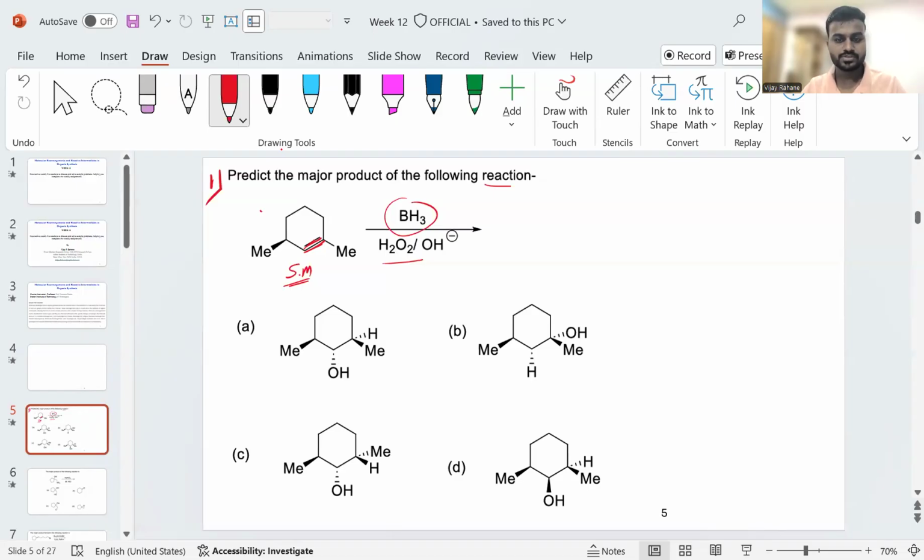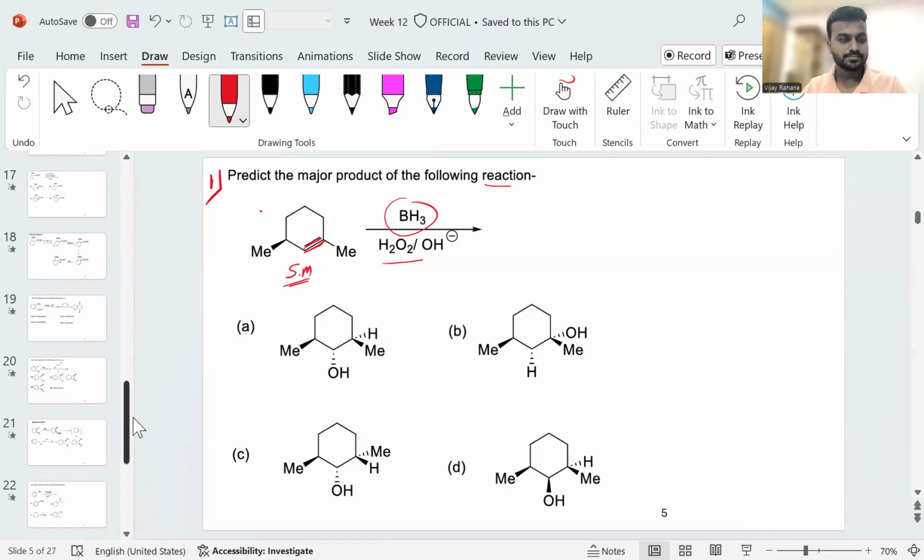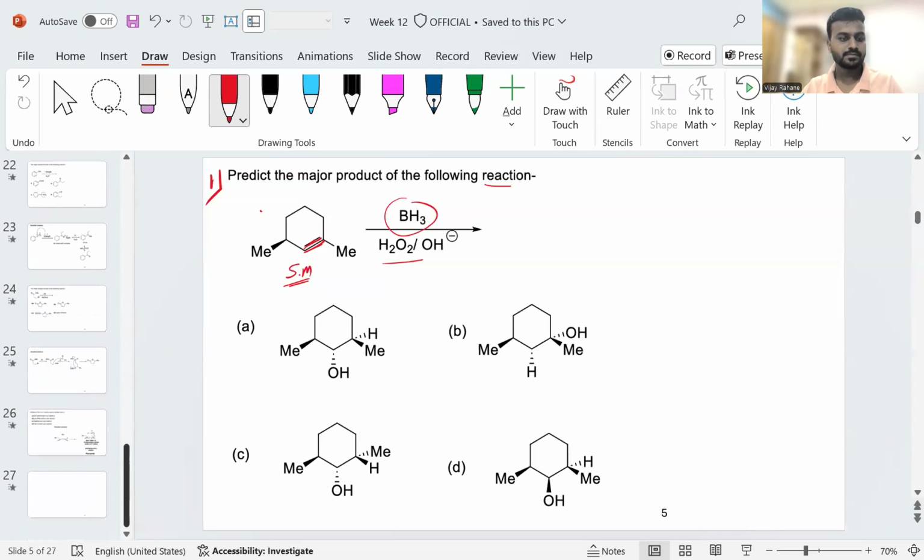To solve this question, I will first show you the addition of BH3 across the double bond. It was the last problem, but I will take that problem first.